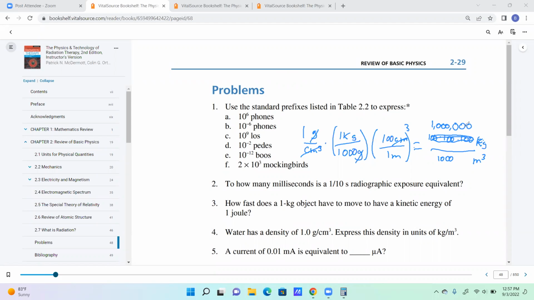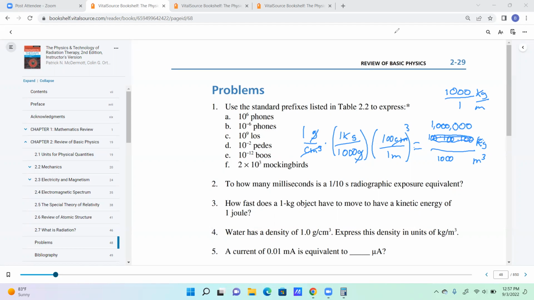So I've got 1,000,000 over 1,000. So that should mean that I end up with 1,000 kilograms per meter cubed. Is that in fact what I end up with?